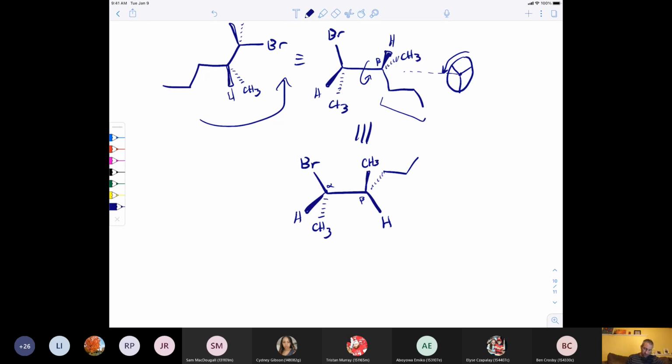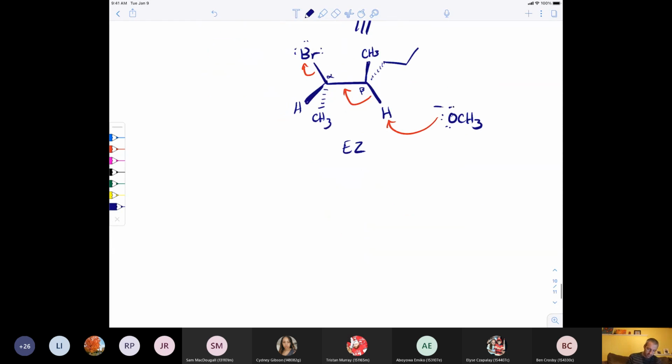Then you can take your base. Now it's set up for E2. Now it can come in, grab a hydrogen, do our elimination. And that will give us a double bond. The hydrogen on the left is towards us, so it's still towards us. The methyl is back.